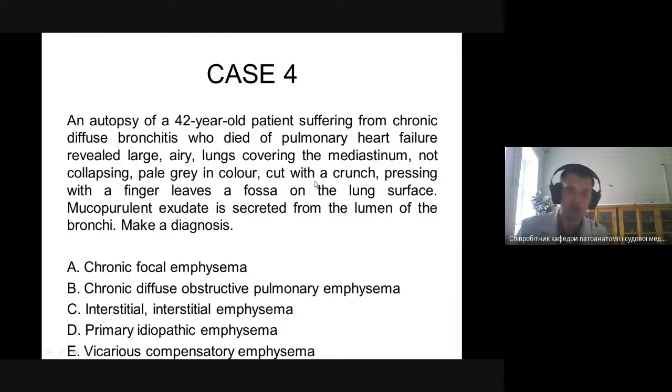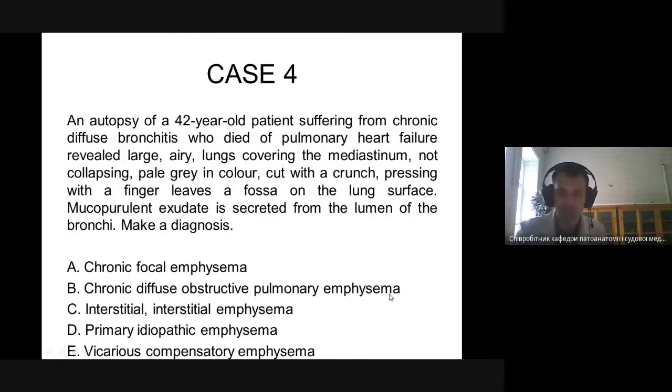Vicarious compensatory emphysema? No, because compensatory emphysema could be in someone who lost a lung, for example, who underwent lung removal for any reason, for trauma, for lung cancer, and so on.